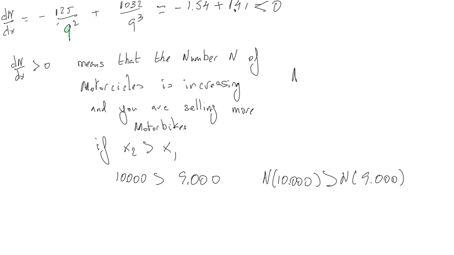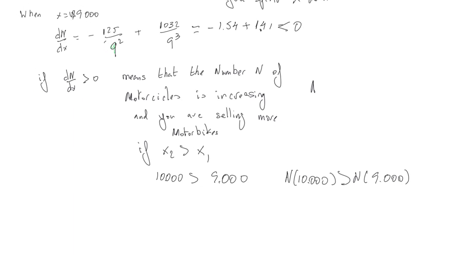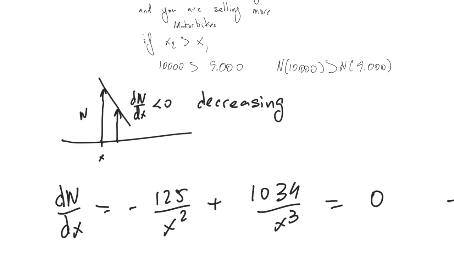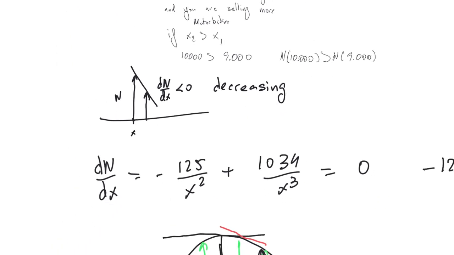This is a situation that we expect, but the situation that we have is a decreasing function. The derivative of n with respect to x is negative. So in this case, the slope goes like this, negative.